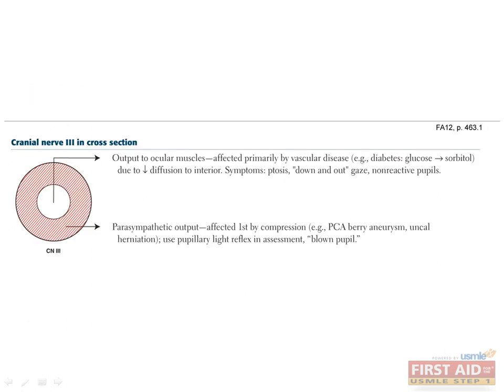As we've discussed, there are two major functions of cranial nerve 3, controlling most extraocular muscles and parasympathetic output. If you were to cut the nerve transversely, as pictured here, the parasympathetic output fibers compose the outer rim, and the output fibers to the ocular muscles are more embedded. Thus, the parasympathetic fibers are more affected by compression.